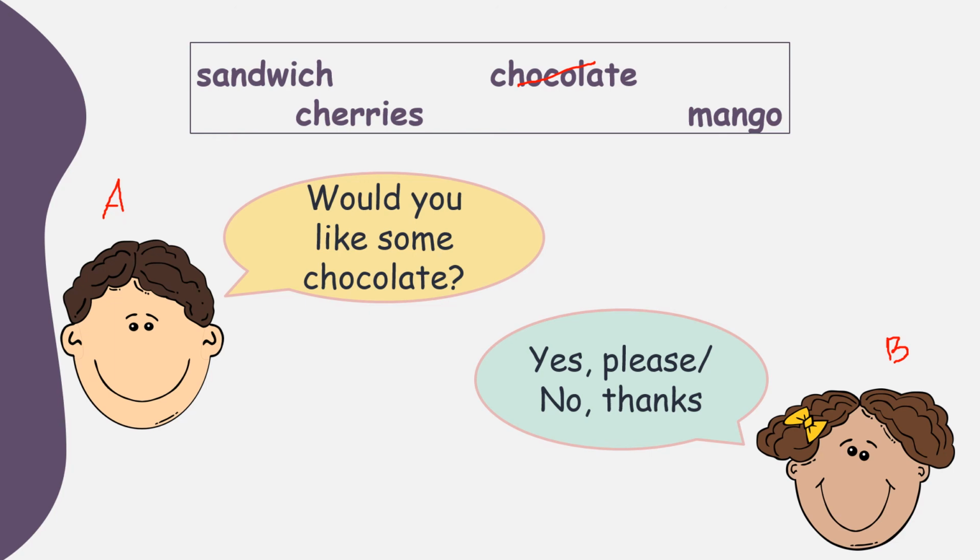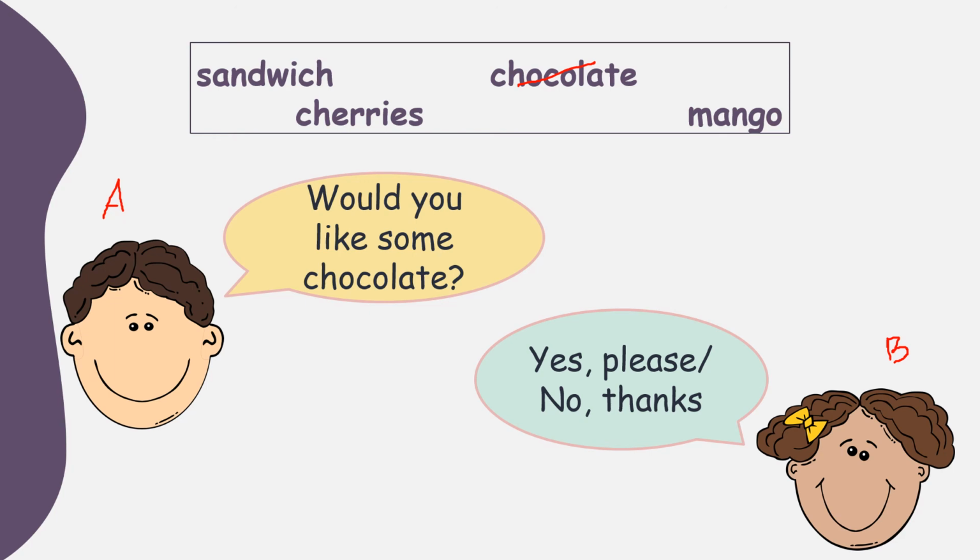And then B will say, yes, please. Okay, it's up to you. You want to answer whether yes or no. It depends on you. Or, for example, I want to be A, and then B will say no. Would you like some chocolate? No, thanks. Like that.